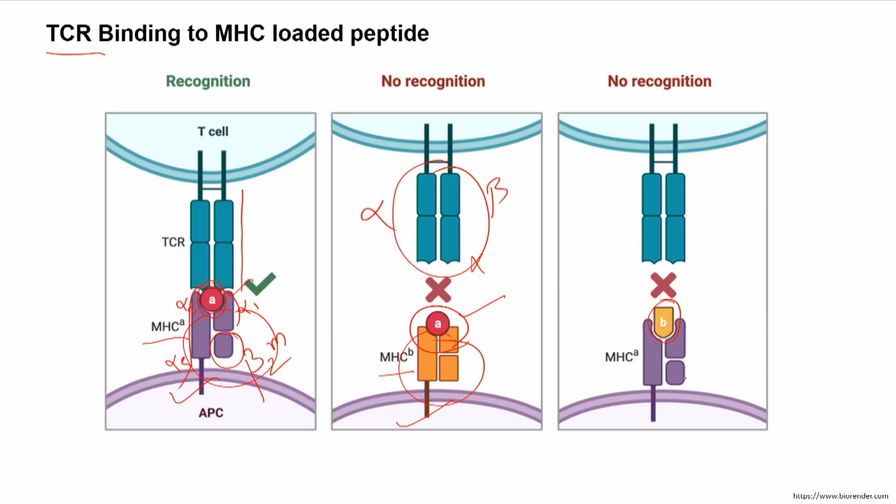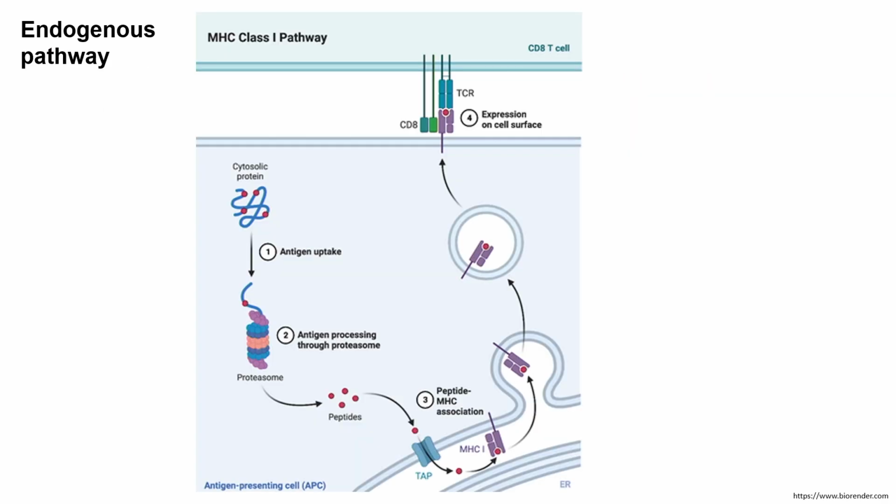So let's move on and try to see this pathway with clarity. We will go into detail, but let's first understand the whole pathway in the context of processing of the antigen in the cytoplasm. Suppose we have a cytosolic protein, and these cytosolic proteins have epitopic markers which are exposed on the surface.